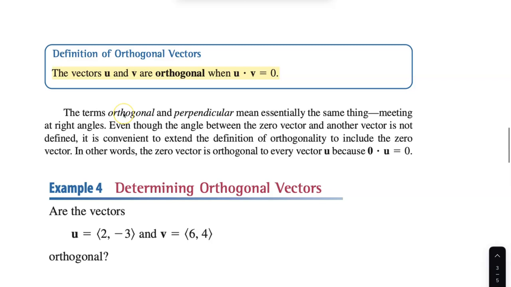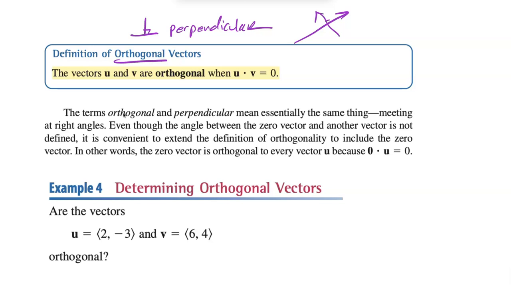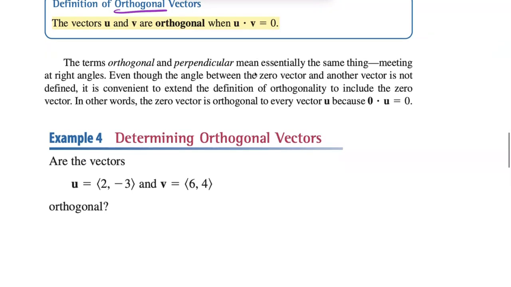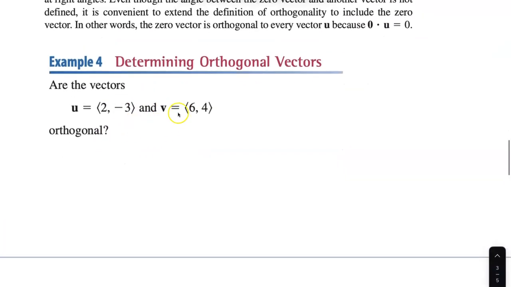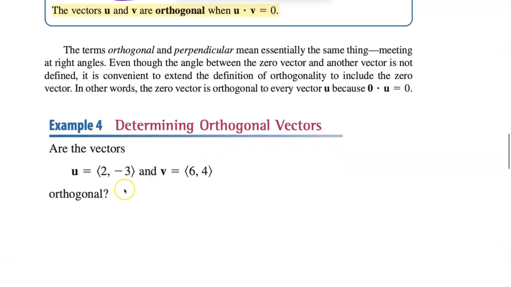Now, two vectors are orthogonal, which just means perpendicular. It's a fancy word for it. That means they cross at a 90-degree angle if the dot product equals 0. So if I want to tell whether these two vectors are orthogonal or not, all I'm going to do is take the dot product. If it equals 0, then they're orthogonal. That means they make a 90-degree angle.